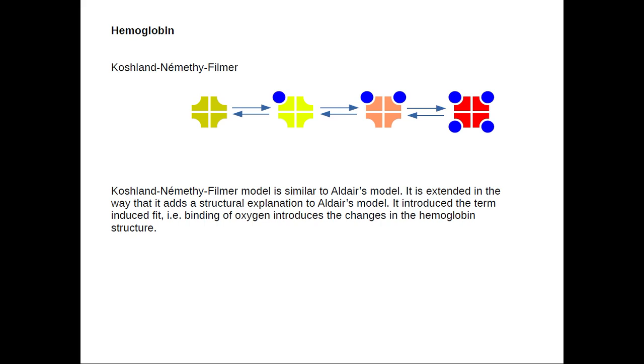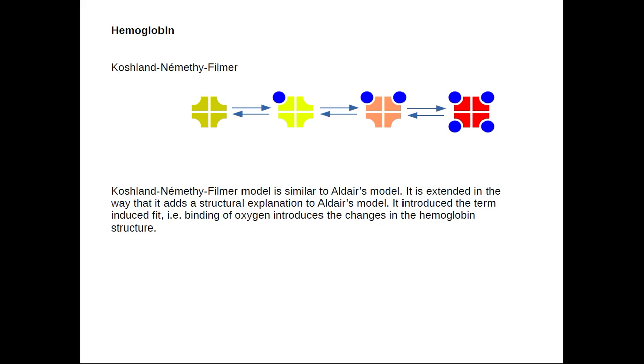Koshland is a quite famous name in connection with induced fit. For example, some receptors, when they bind some ligand, change their conformation, or some enzymes, when they bind a substrate, change conformation, and this is known as induced fit. And the basis of this induced fit is in this model.